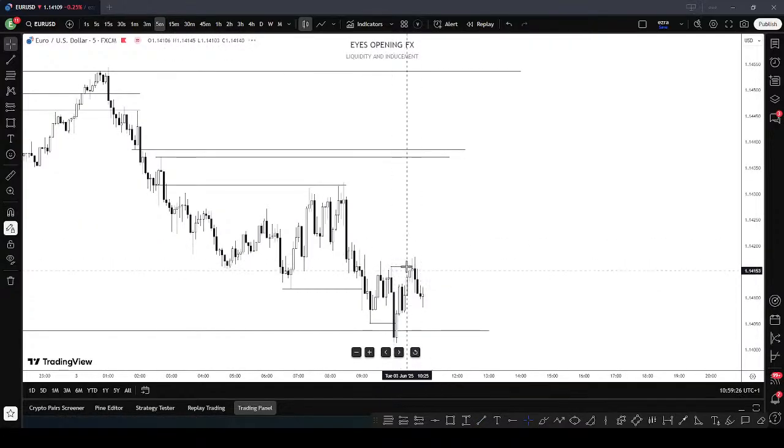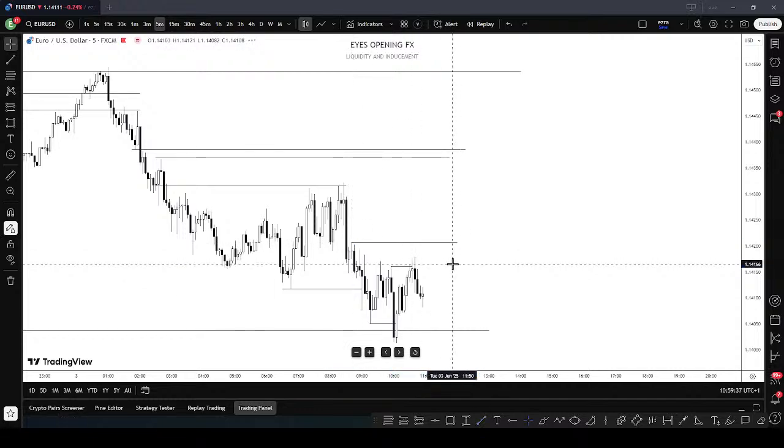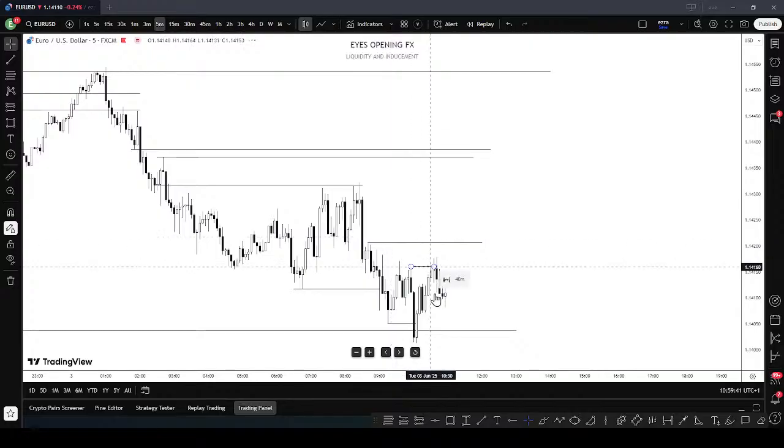So we have this short-term break of structure to the upside right here. Then we have this purely mitigated around here. These are all mitigated. So you can expect market to come and induce this high right here on this 5 minutes time frame.